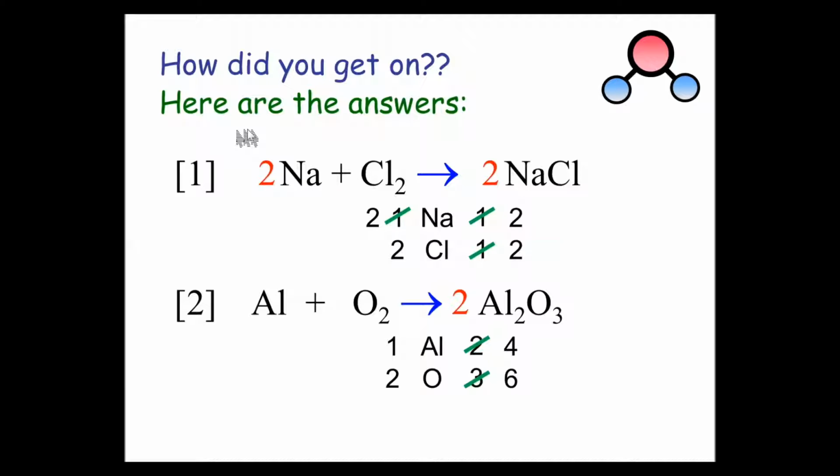But now I come on this side and I fix everything, okay? So now I have 4 aluminum, so 4 times 1 is 4. And now I need to fix my oxygens. What times 2 is 6? 3. 3 times 2 is 6. So now I check everything.